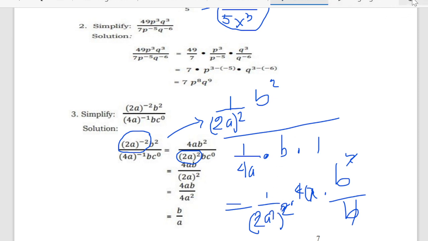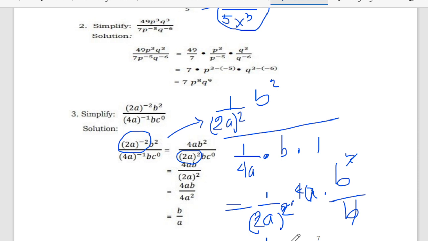Okay, erase natin. Ganito kasi yan. Ano yan dito? A. So, this will become, ito dito, magiging 1 over 4A squared.